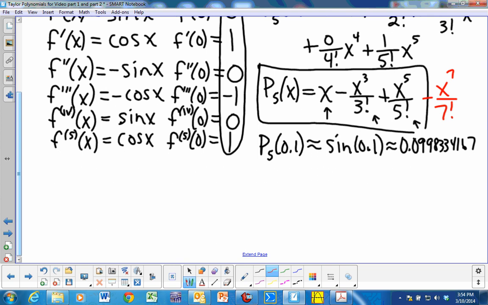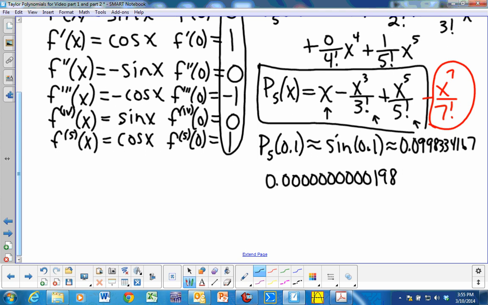So what we're saying is, since this is an alternating series, the most I can be off is x to the 7th over 7 factorial. It's plus or minus that. Well, if you do that in the calculator, you get 0.1 to the 7th divided by 7 factorial, which is 198.